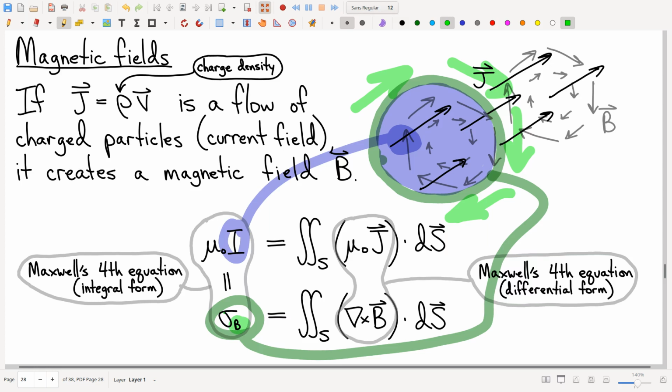Right? So here's the weird fact of it all, and that is that if you measure these things, which you can just do in a lab, you can measure how much current there is through a surface. You can measure what the magnetic field is, and in particular the circulation around some curve. And it turns out that these are closely related to each other.